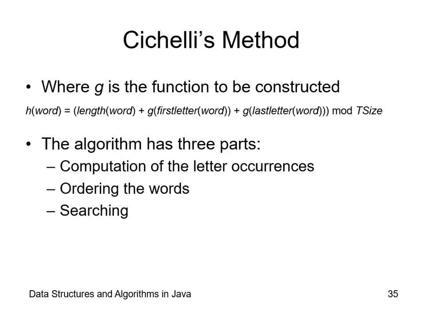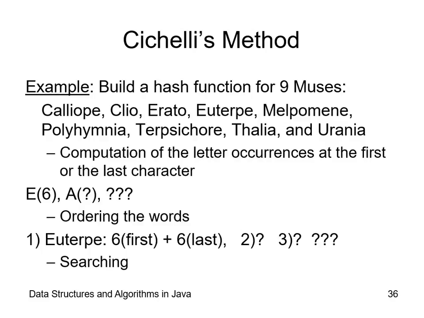We have figured out G of C, G of E, G of O, and G of T so far. With all those tries, with 0, we have no collision.